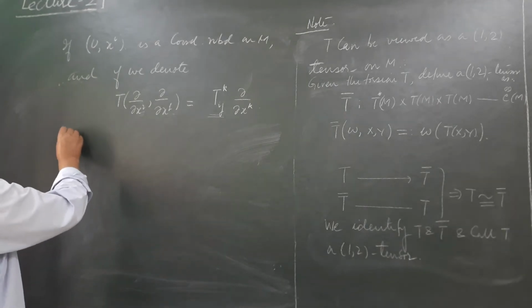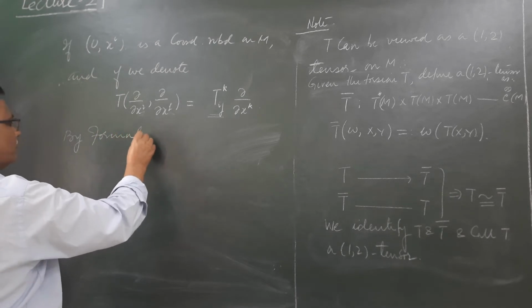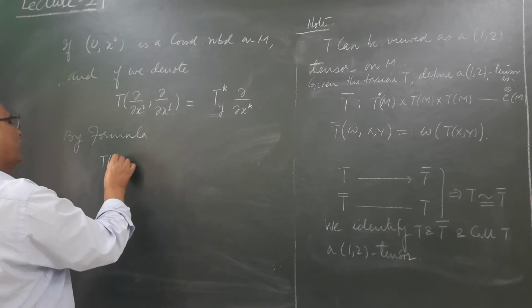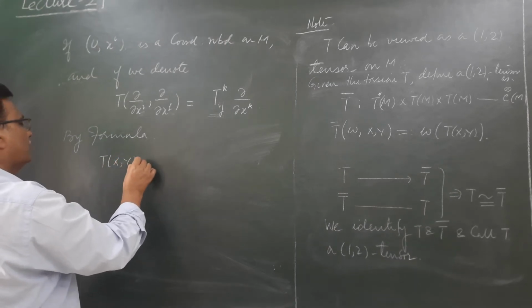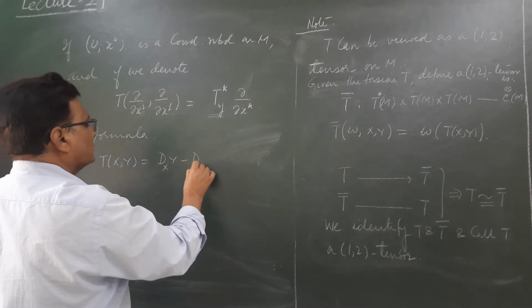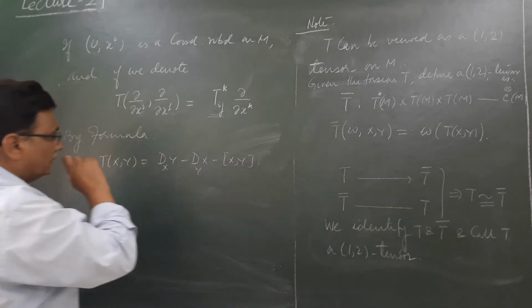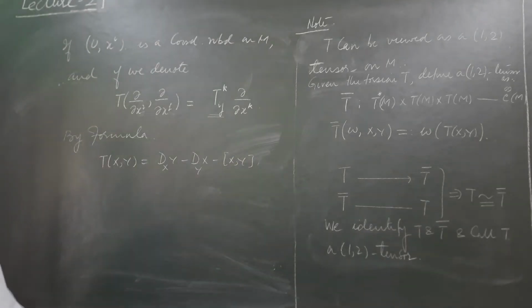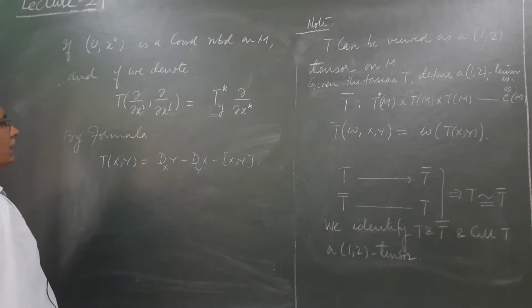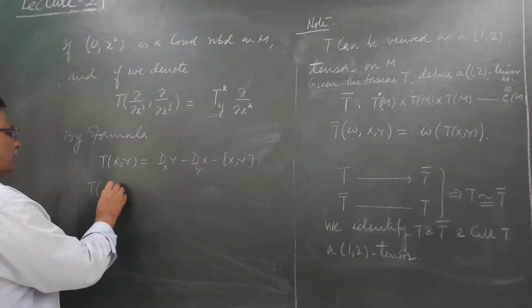So by formula, T of X, Y is equal to D_X Y minus D_Y X minus Lie bracket [X, Y], where D is a connection on M. Now if I replace X and Y by these basic vectors ∂/∂x^i and ∂/∂x^j, then you can see what happens.